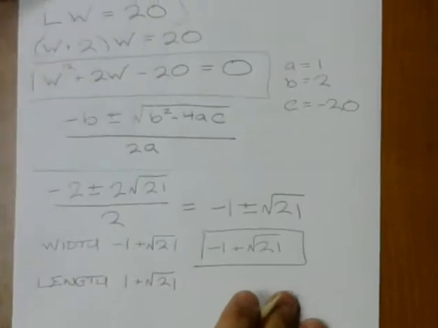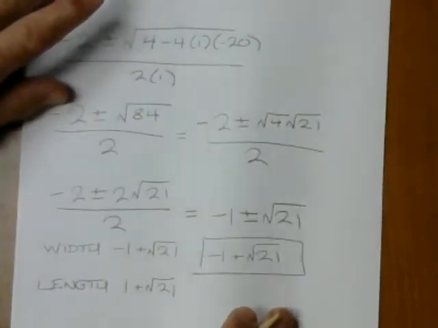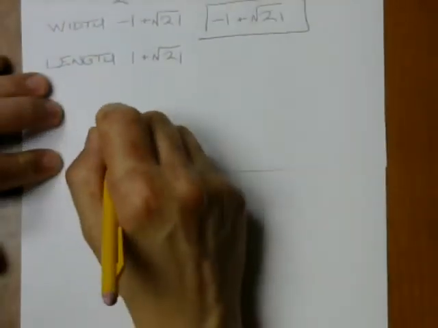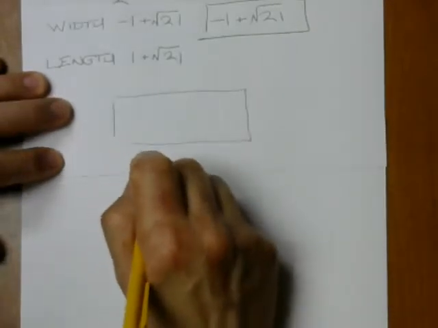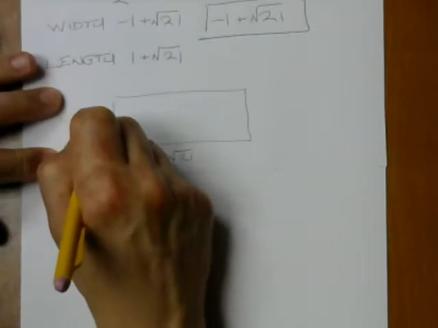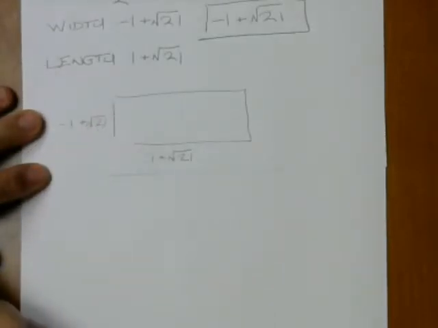So, here's what I'm going to do now. We did a lot of computation. What happens if I actually have a pen with length 1 plus root 21 and width minus 1 plus root 21?